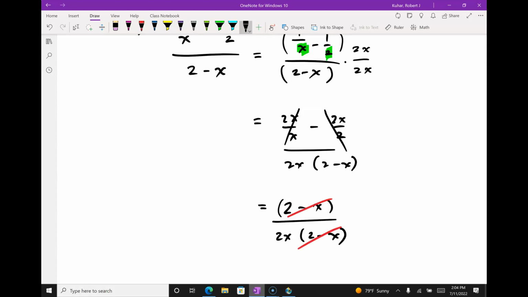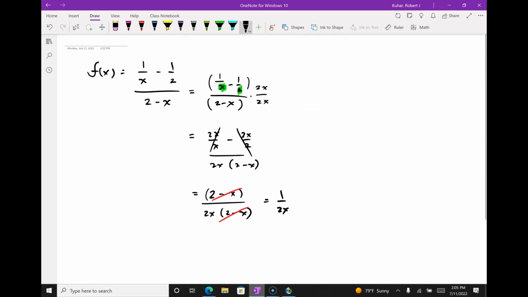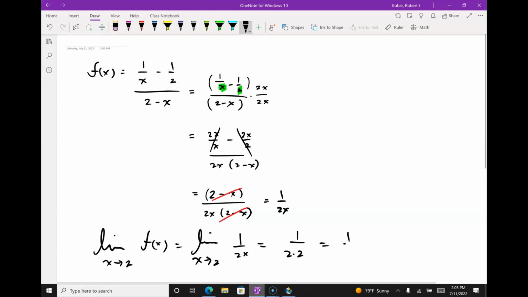Yeah, you with me? Everyone okay? So the limit as x goes to 2 of f of x is the limit as x goes to 2 of 1 over 2x. And that one I can just plug in, so I get 1 over 4.